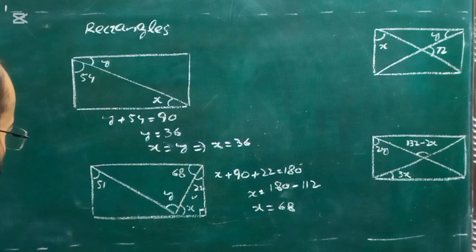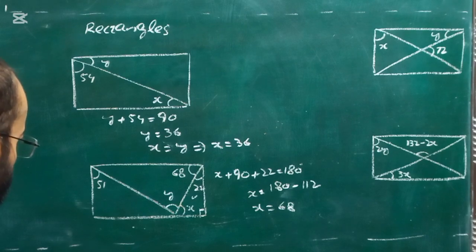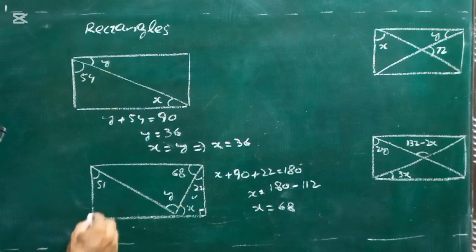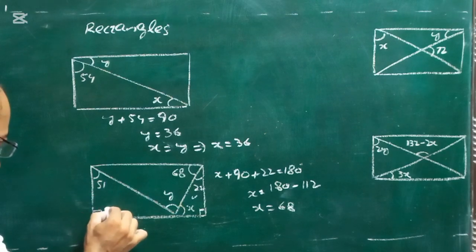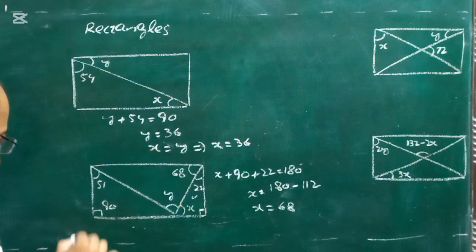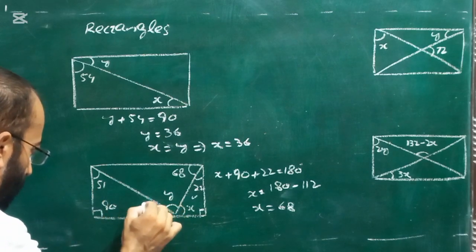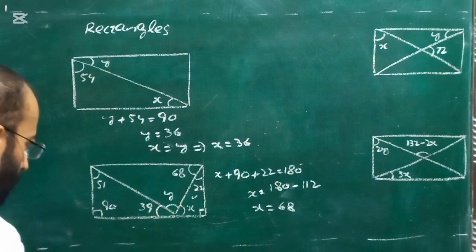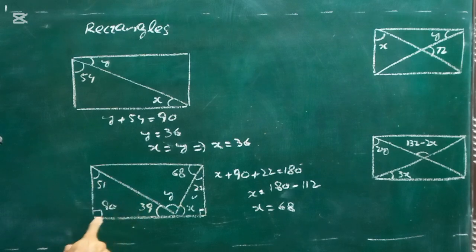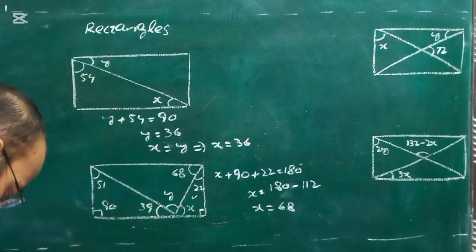Okay, now the value of y. So look now, if this is 51, this is 90 degrees. So 140, this will be 39 because the sum of the angles of a triangle is 180 degrees.